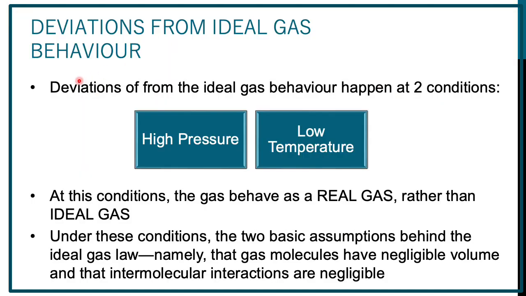However, there is a deviation from ideal gas behavior, a deviation from the kinetic molecular theory postulates. The deviation from ideal gas behavior happens under two conditions only. Under other conditions the gas still behaves ideally. But under these two conditions, the gas properties and behavior will deviate.